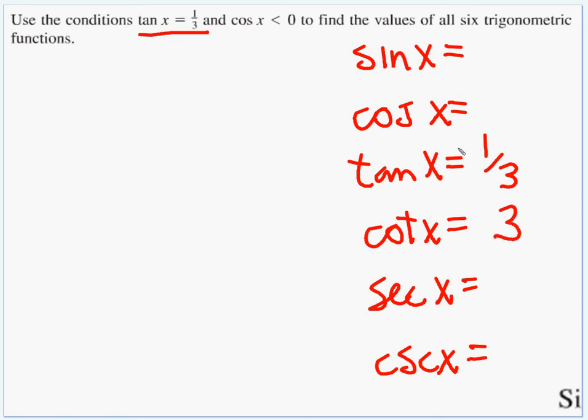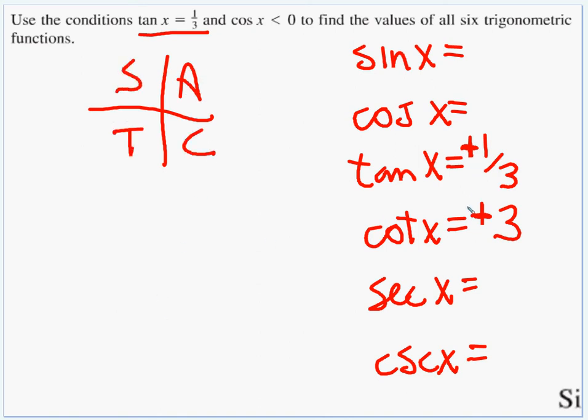And because they told us this is positive, we know for sure these are positive. So if we're going to start figuring out what quadrant we're in, all students take ceramics. We know that tan is positive, so we know that we could be in quadrants 1 or 3. We can eliminate 2 and 4 because it also says here our second clue, cos is negative.